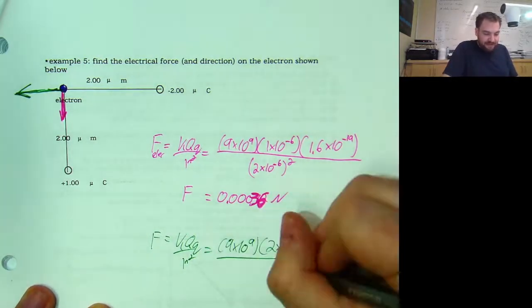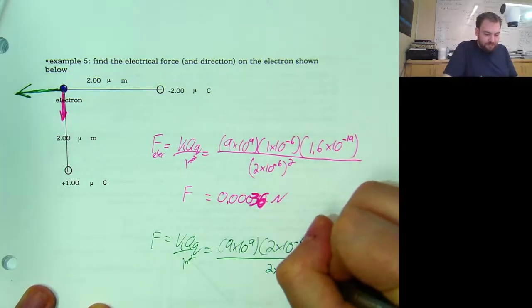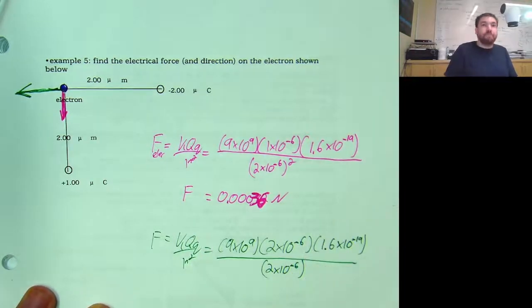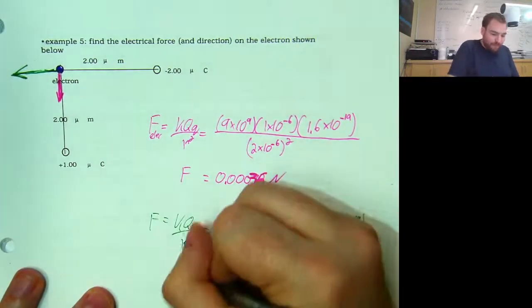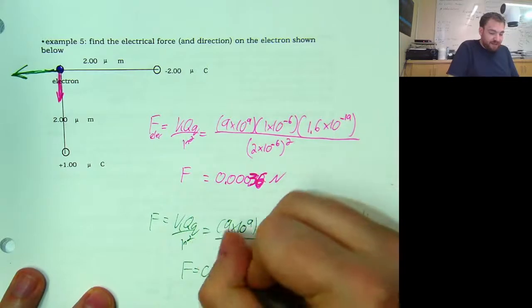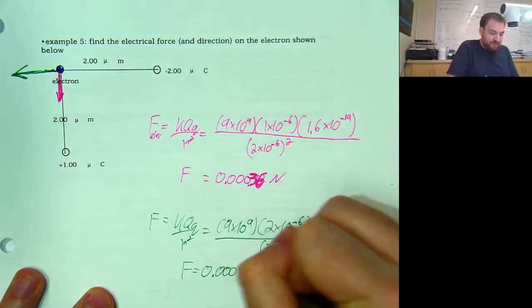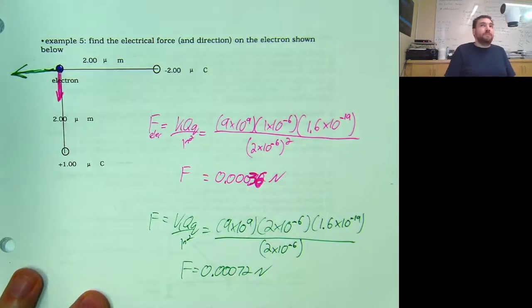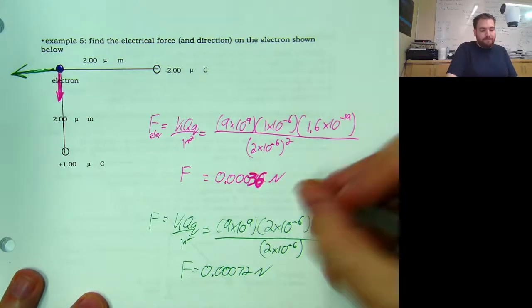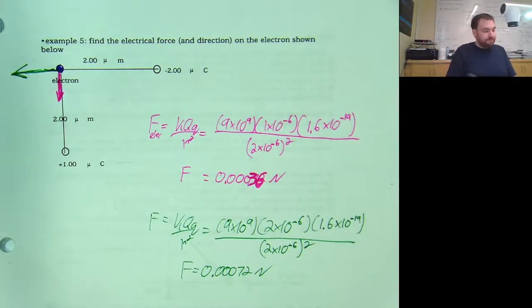And the distance between them again is 2 micrometers. This one is 0.00072 newtons. Yep. Doesn't change my answer. I'm just copying my work from last semester.